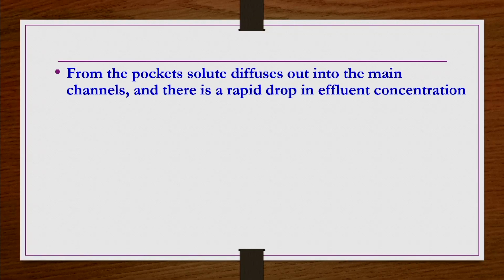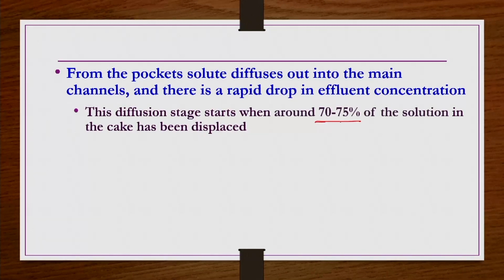Okay. From the pockets, solute diffuses into the main channels, and there is a rapid drop in effluent concentration, because only a few particles remain in the pockets and side channels. This diffusion stage in general starts when around 70 to 75% of the solution in the cake has been displaced by the wash liquid, just by the displacement stage.